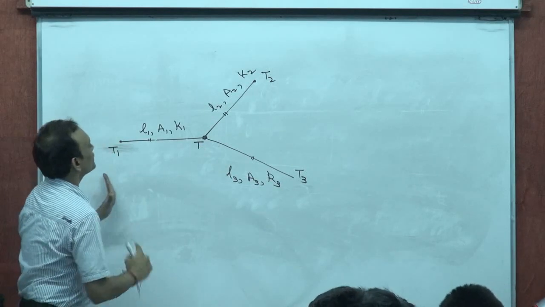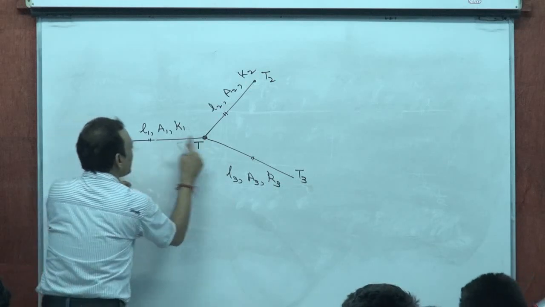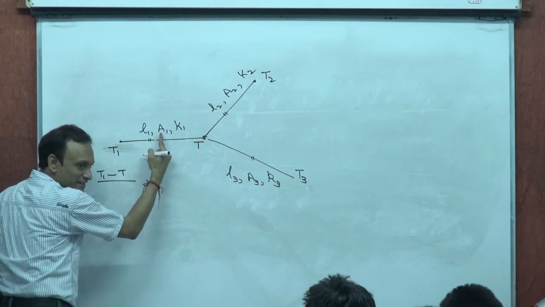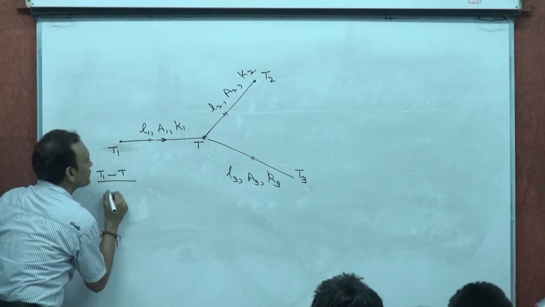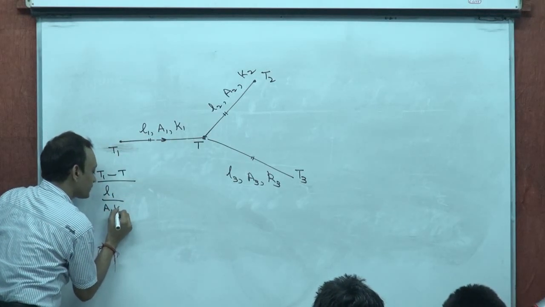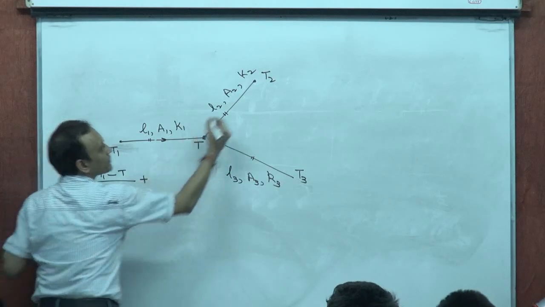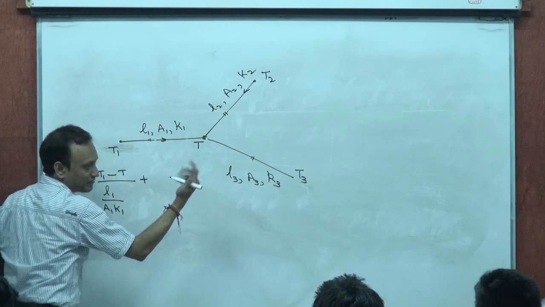That means the algebraic heat current entering T must be 0. So heat current here is going to be T1 minus T divided by the thermal resistance of this, which would be L1 by A1 K1, right? Plus the heat current in this direction, algebraic heat current, so it could be positive or negative, right?